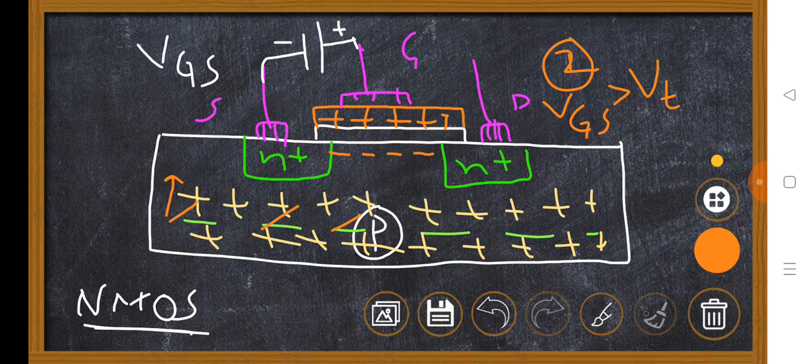Now there is a channel between source and drain terminals. The important point here is the gate source voltage must be greater than threshold voltage.